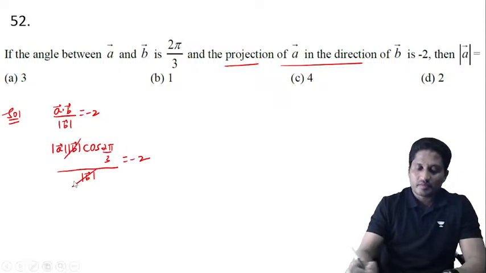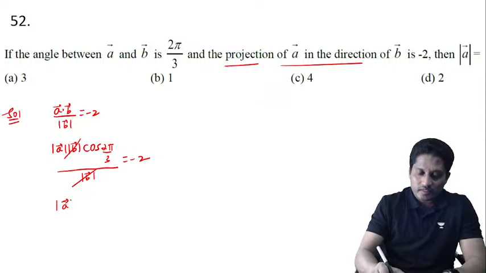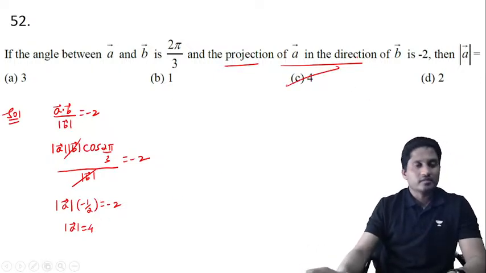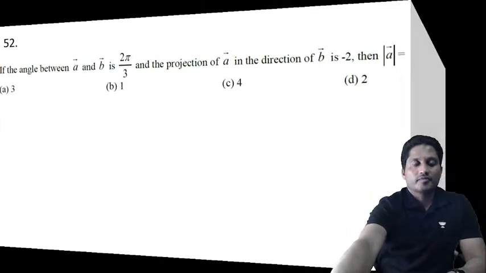This mod B will cancel with mod B, and then this is modulus of A, and cos 120 is minus half, is equal to minus 2. That minus and minus cancel. If I cross multiply, you get modulus of A is equal to 4. Answer is option C. Right, let's move to the next question.